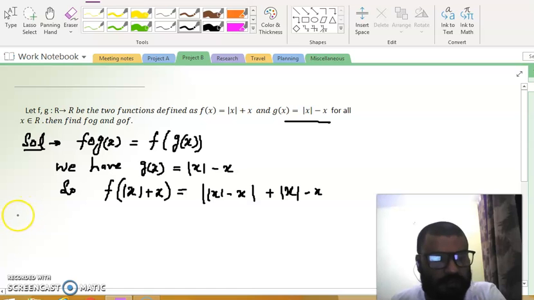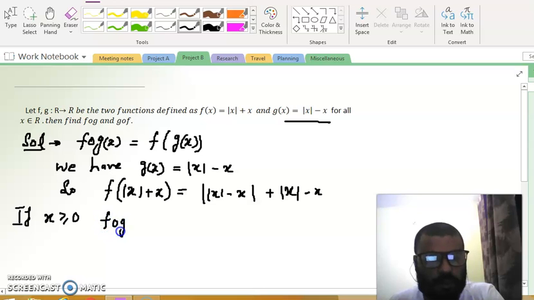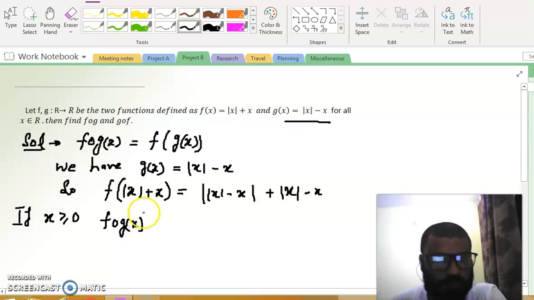So let's take, if x is greater than or equal to 0, then what happens? f of g(x) equals, when x is more than or equal to 0, this x will be positive.